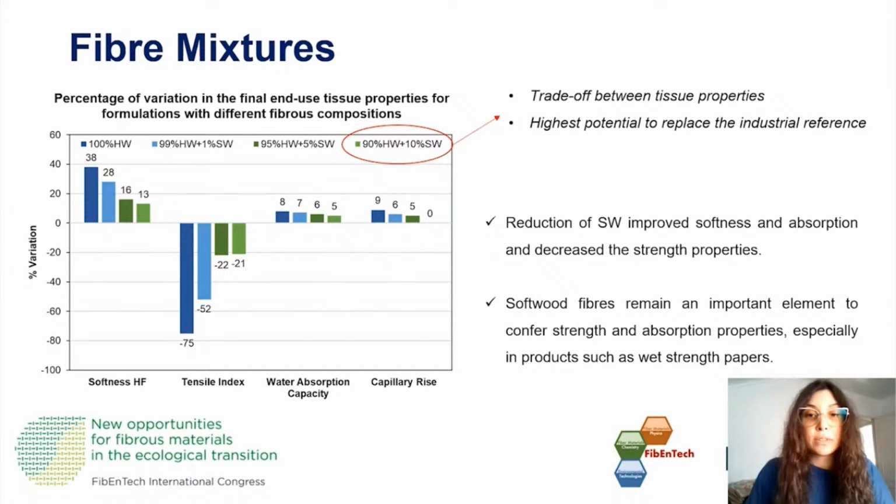It was found that the softwood fibers remain an important element to confer strength and absorption properties, especially in products such as wet-strength papers. Additionally, the formulation with 10% of softwood fibers presented a balance between the tissue properties and present the highest potential to replace the industrial reference.